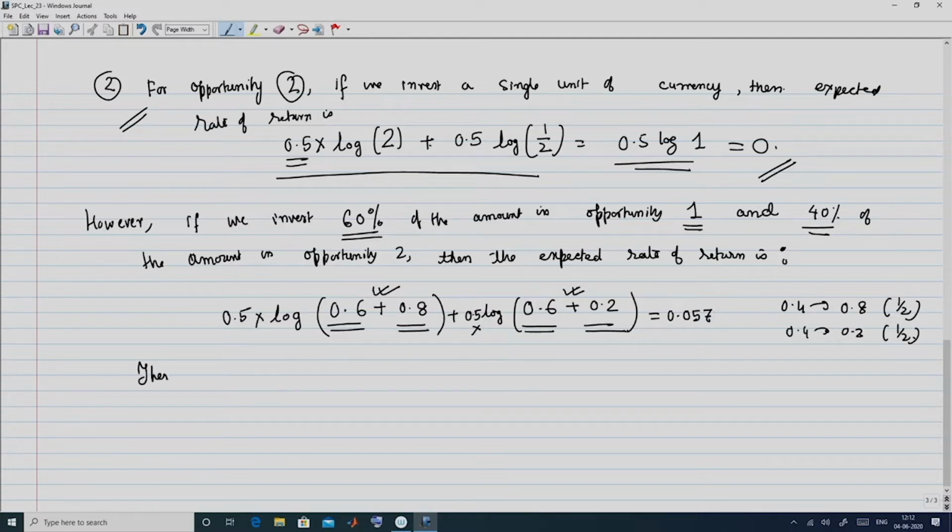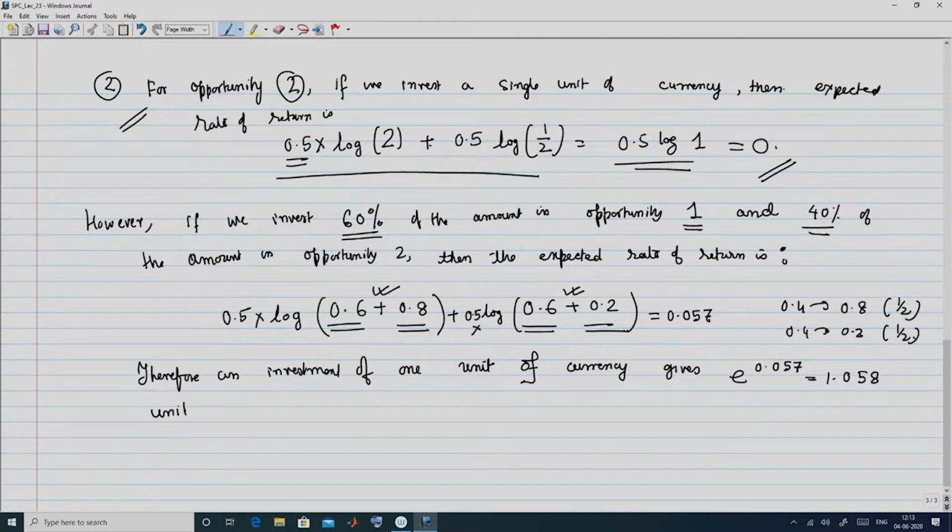Therefore, an investment of 1 unit of currency gives e raised to 0.057, equal to 1.058 units of the currency.